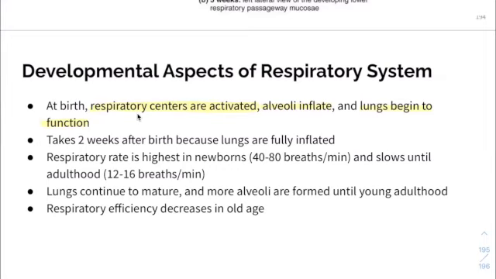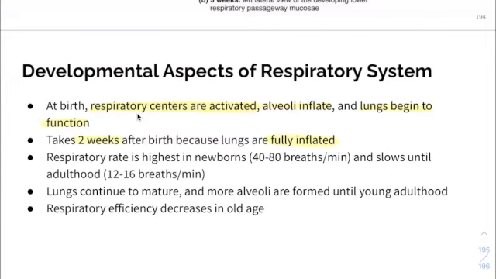After you're born, it takes 2 weeks before the lungs are fully inflated. You ever noticed with a newborn, their breathing rate is pretty quick because their lungs aren't fully inflated yet.